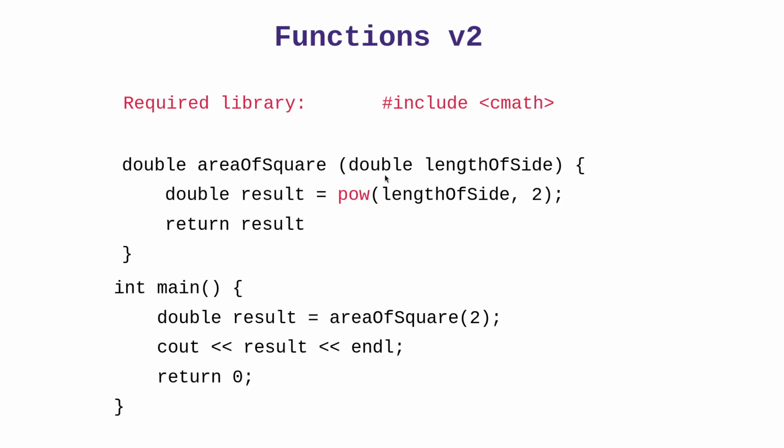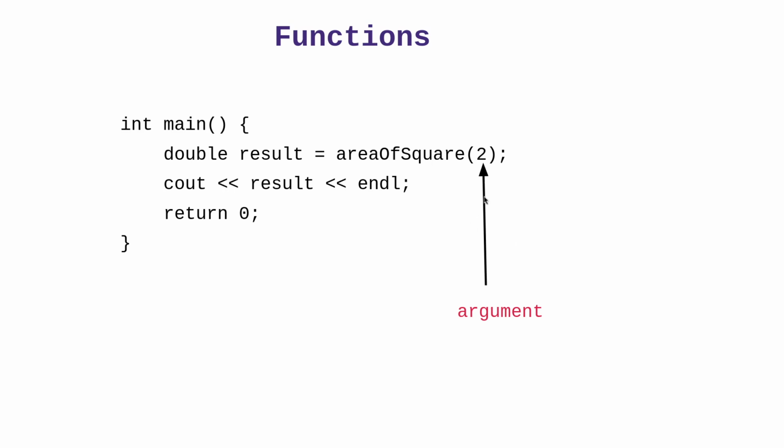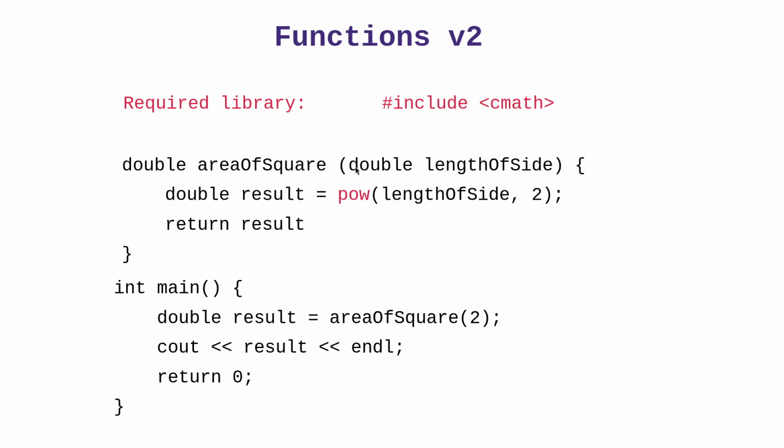Yes, it is. Then it will create a box called length of side, and put 2 into it. Inside the body, whenever I refer to length of side, the compiler knows that I'm actually referring to the real number 2. So that's the difference between a parameter and an argument.